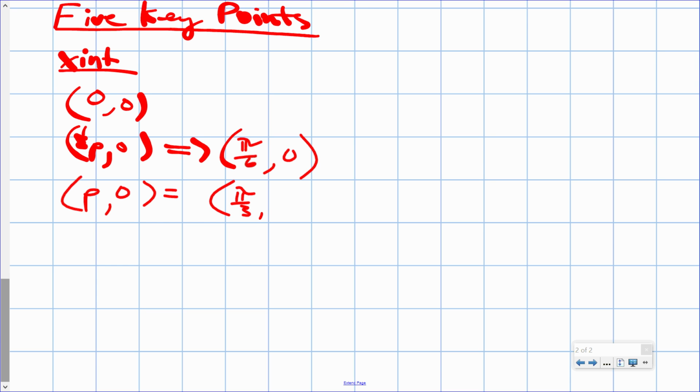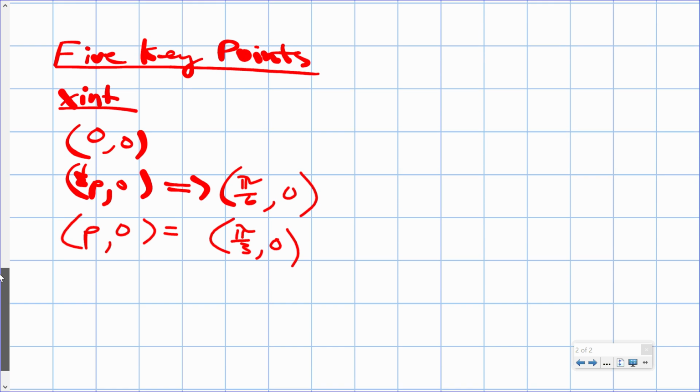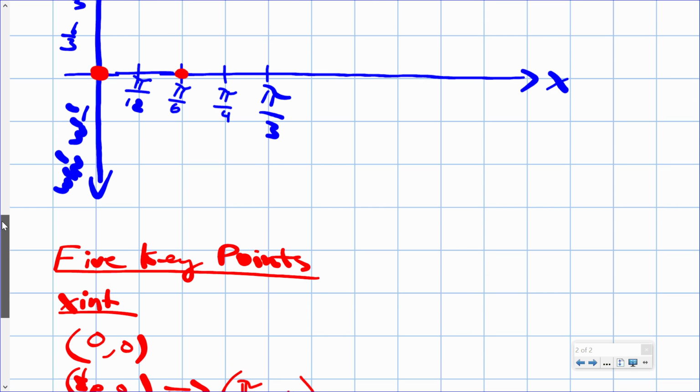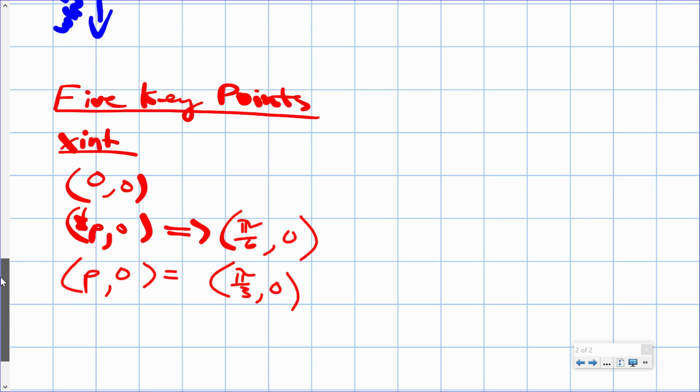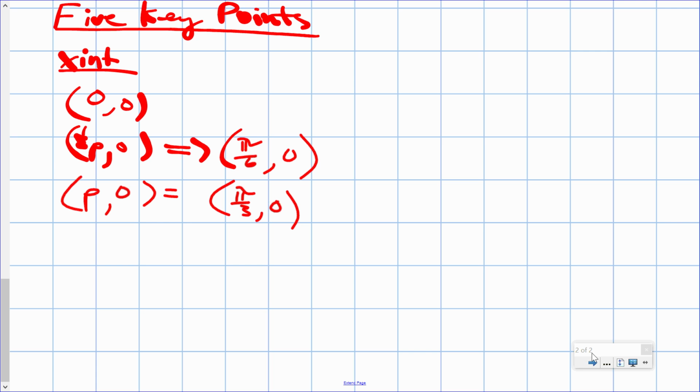That's the period, 0. So let's plot these two in there. Pi over 6, 0, and then pi over 3, 0. Okay, so far so good. You guys are doing good.